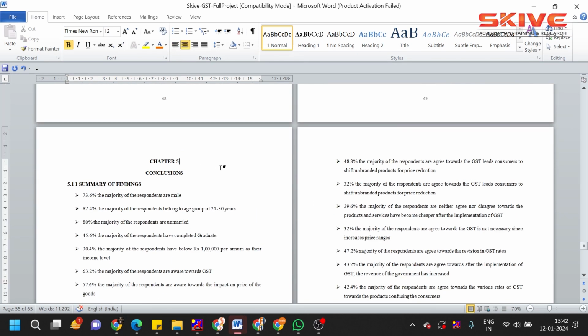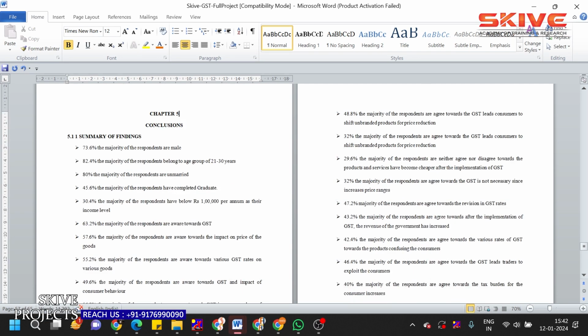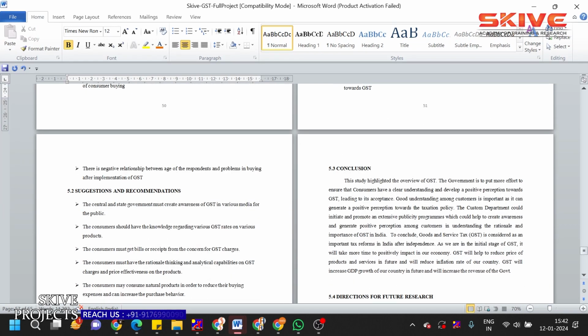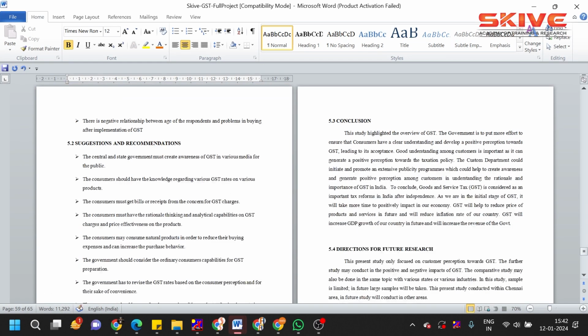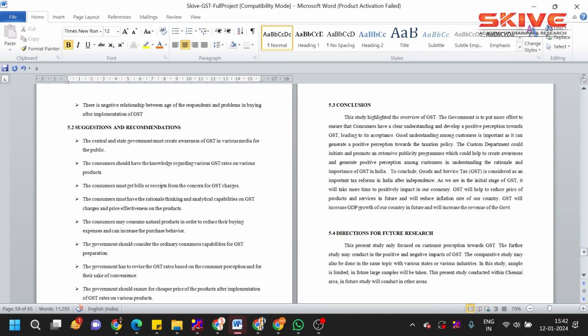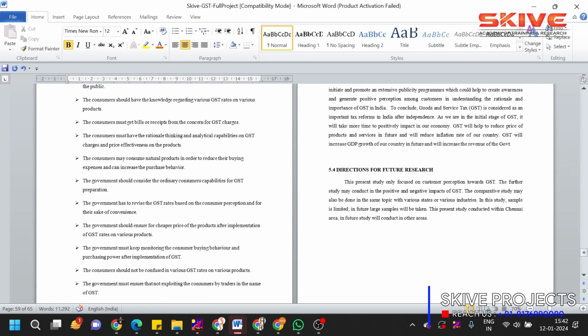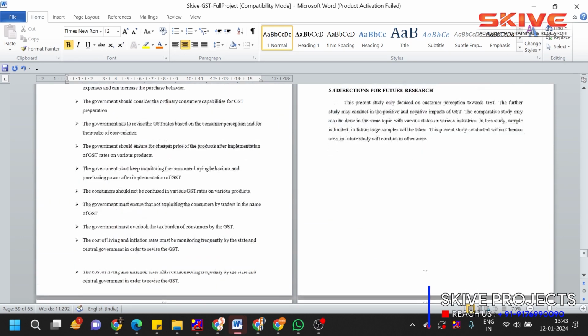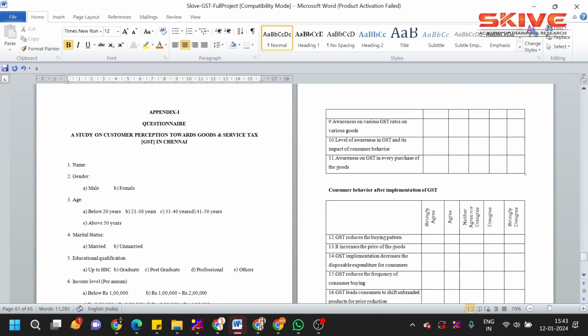Coming to the final chapter, the fifth chapter is the conclusion. The conclusion includes a summary of findings, suggestions and recommendations, and 5.3 the conclusion and directions for future research. So this is the end of the report, and this is the questionnaire.